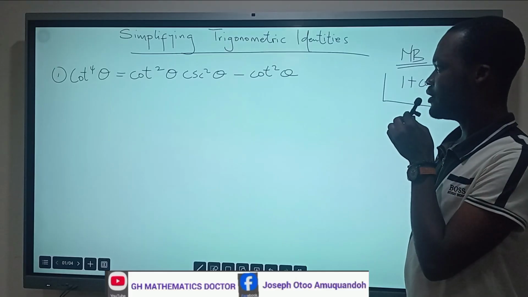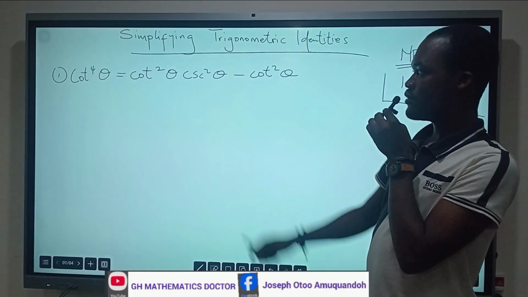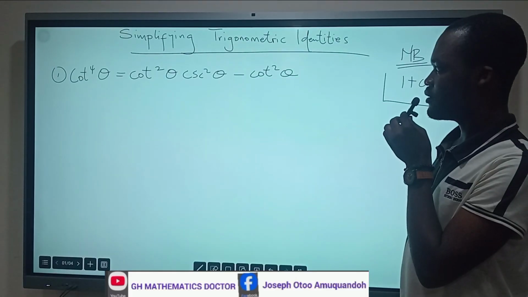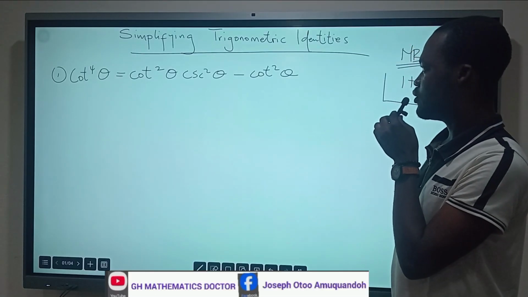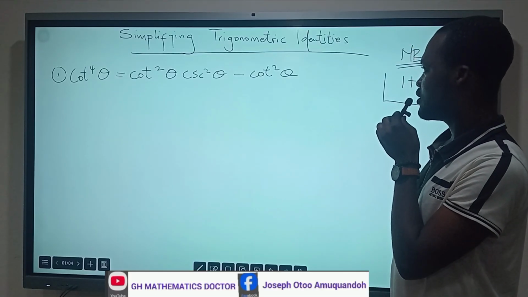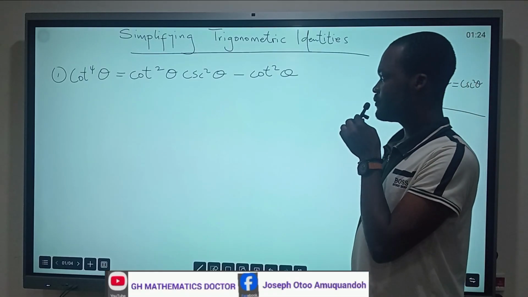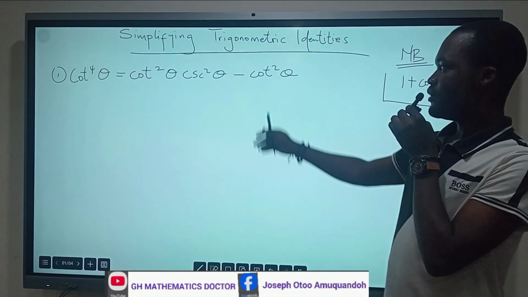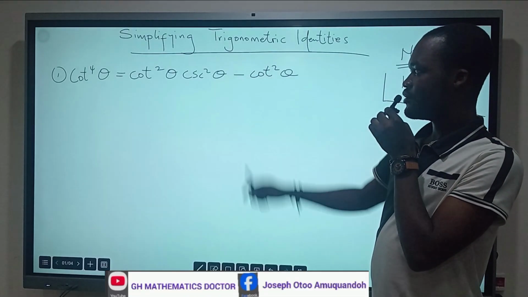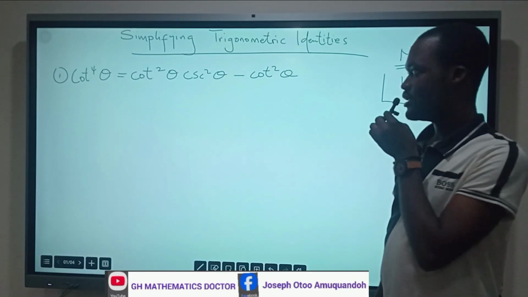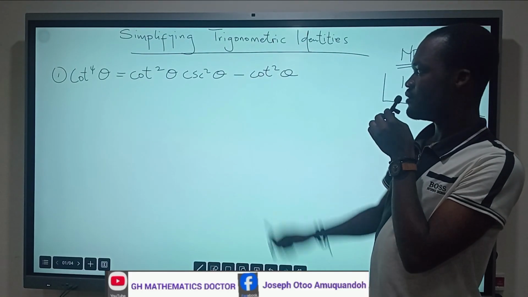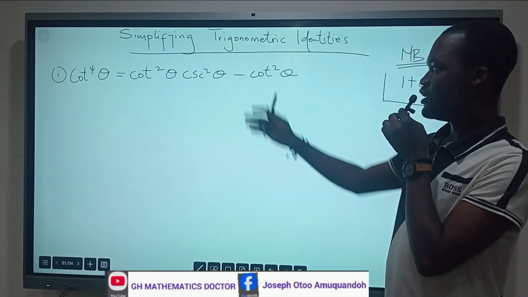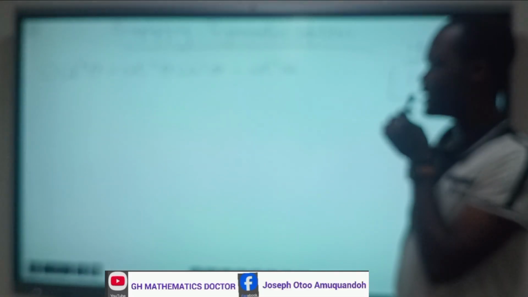Now over here we have cot to the power 4 theta equal to cot square theta cosec square theta minus cot square theta. In this case, you can see that the right hand side of this identity is complex. So we need to deduce the right hand side to be equal to what we have at the left hand side.